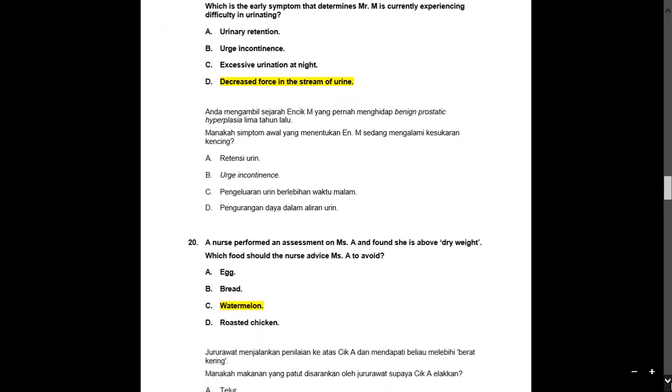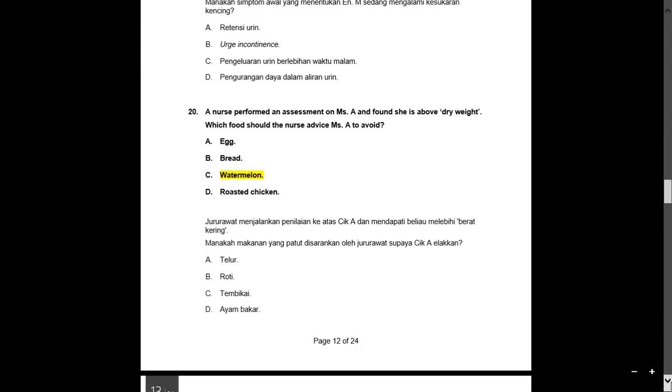Question number 20. A nurse performed an assessment on Miss A and found she is above dry weight. Which food should the nurse advise Miss A to avoid? Actually, what do you mean by dry weight?